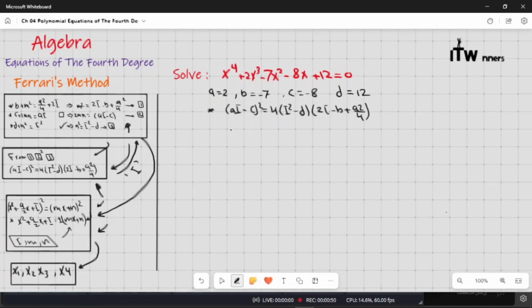Okay, just substitute with a, b, c, and d. So we have here (2I plus 8) squared equal to 4 into (I squared minus 12) into (2I plus 7 plus 1).